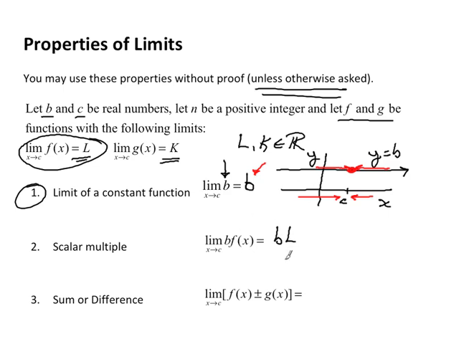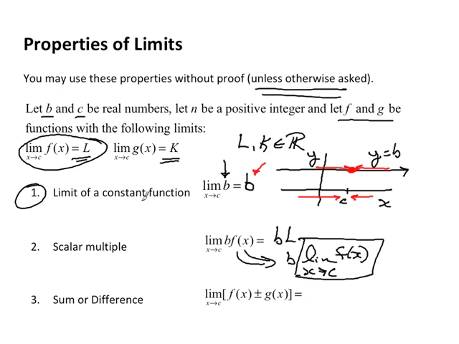Now, one way to look at this is I can write this as b times the limit as x approaches c of f of x. Well, we know that this piece is going to be L because we said so right here. So it's just b times L.